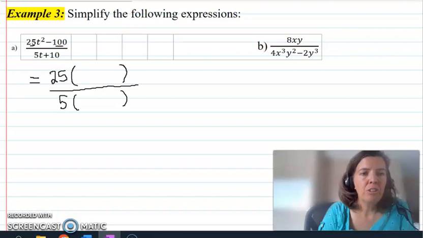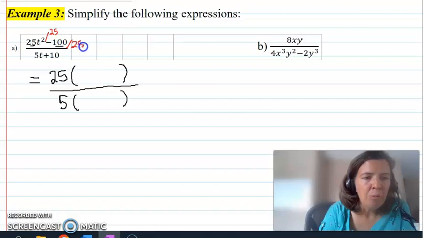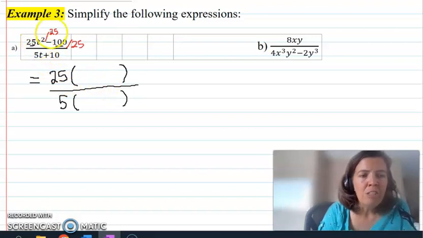This is going to look a little messy, but if I divide both terms in the numerator by 25, that gives me the remaining expression when 25 is factored out. So 25t squared divided by 25, the 25s cancel and I have just t squared, minus 100 divided by 25, well, that's 4.